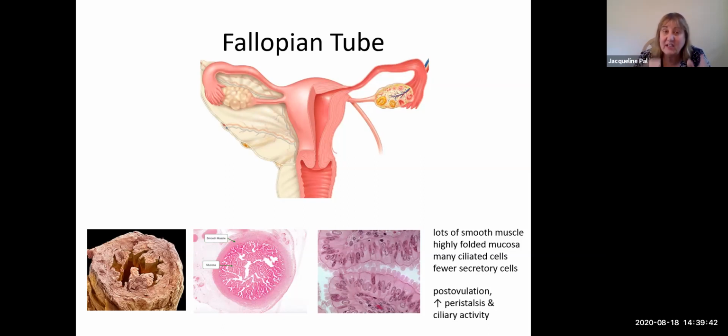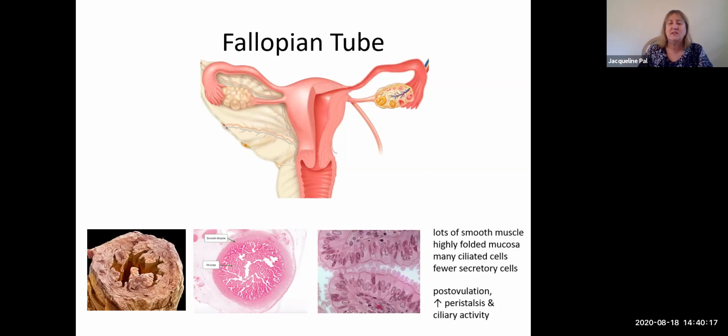After ovulation, that's when peristalsis of the muscle of the fallopian tube really kicks in, and you get a lot of ciliary activity. I want to point out something, because most pictures show that if this was the uterus and this was the fallopian tube and this is the ovary, the fallopian tube fimbria sits right on top of the ovary, giving you the idea that the ovulated oocyte is going to be sucked into the fallopian tube, and it couldn't be further from the truth.